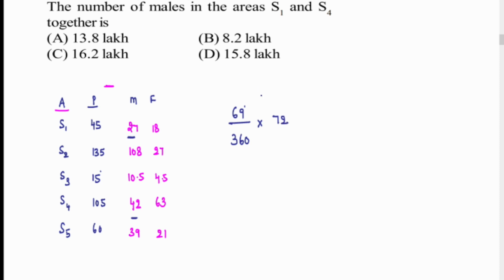I'm taking the total 72, so 36 2s are, 36 10s are... I can cancel it in the 72 table itself, but I want 10 here so that I can do it easily. 69 2s are 138. Therefore, dividing by 10 gives me 13.8 lakh. So the answer is 13.8 lakh, option A.